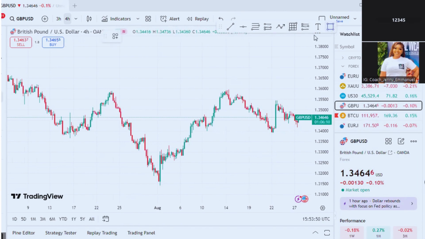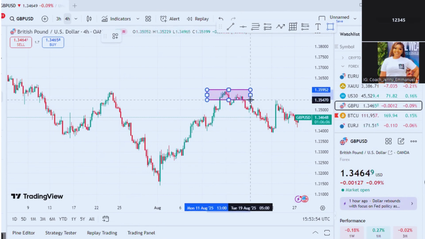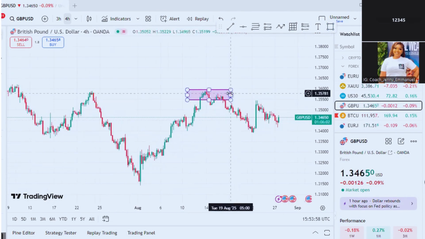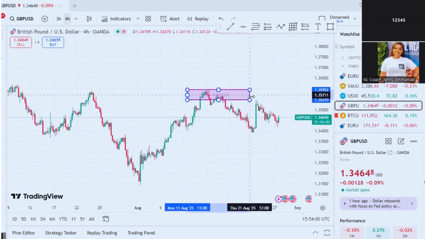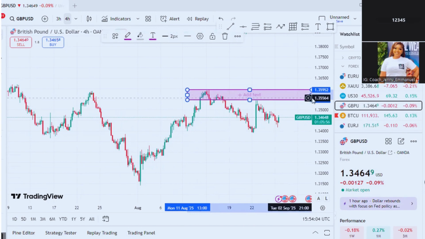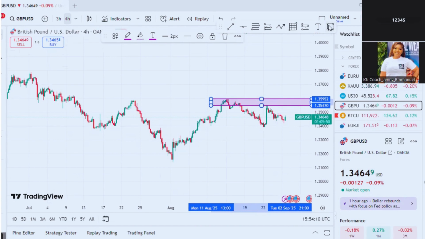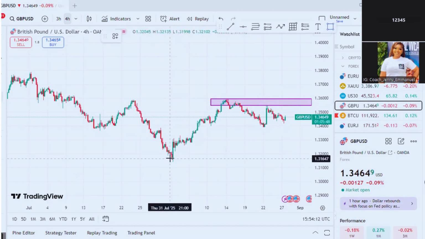Me, I like using the rectangle. So let's say this is our supply zone. Remember, this is a 4 hours chart. So now for me, this is my demand zone using my 4 hours chart.